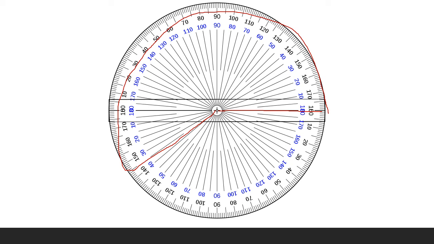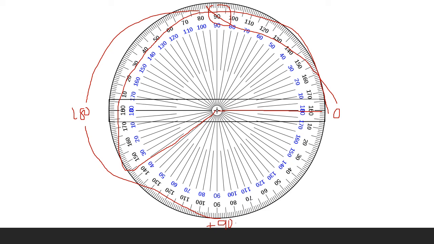We would be starting here as 0, going up to 90 until going to 180. From 180 we add 90 again until we reach here, so 180 plus 90, until going to 0 again. That's what we call 360 degrees. A complete rotation, or the angle of the circle, is always 360 degrees.